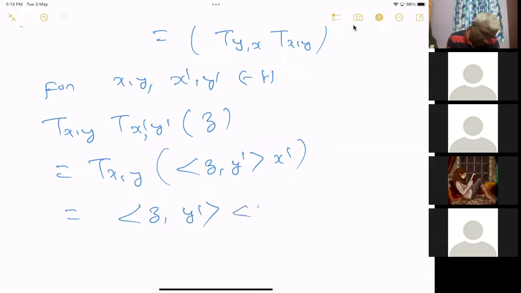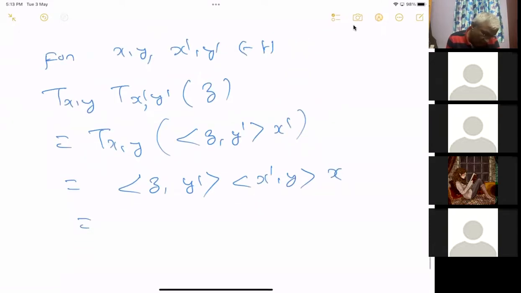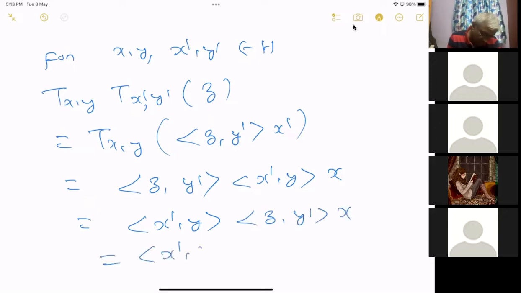Then you have to take the inner product of x prime with y times x. Now that is equal to the inner product of x prime and y, times the inner product of z and y prime, times x. I have just interchanged it. This is nothing but T_{xy'} of z.